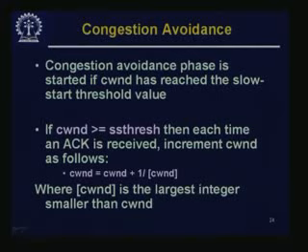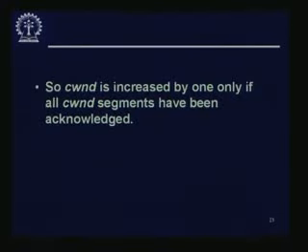So, this now increases only by a fraction, and while sending, of course, you will not send a fraction; whatever be the current CWND value, its floor, that many segments you can send. So, CWND is increased by 1 only if all CWND segments have been acknowledged. That means, if all the CWND segments have been sent and acknowledged, then CWND increases only by 1. So, we are very cautious while moving to the right of the knee.